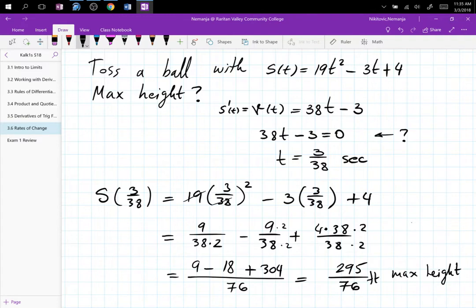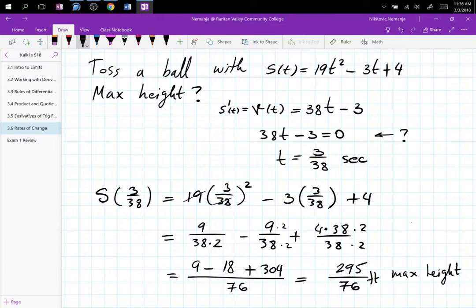Right. So here is the entire problem. Toss the ball.